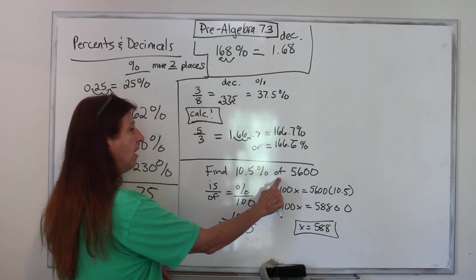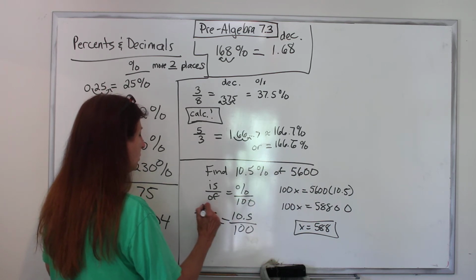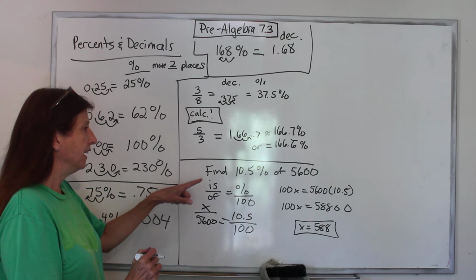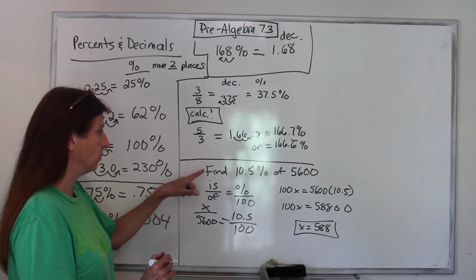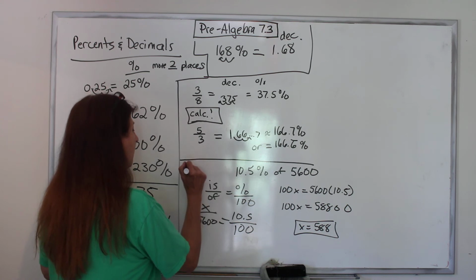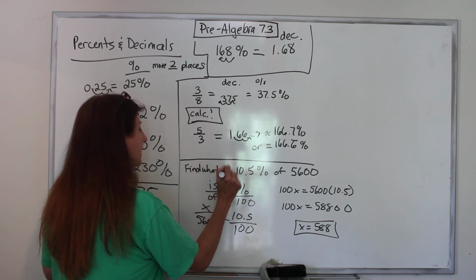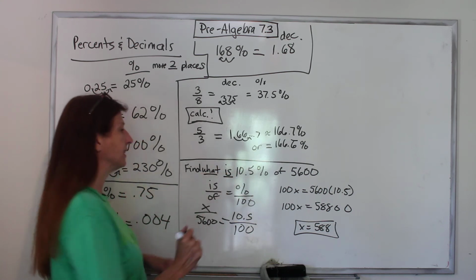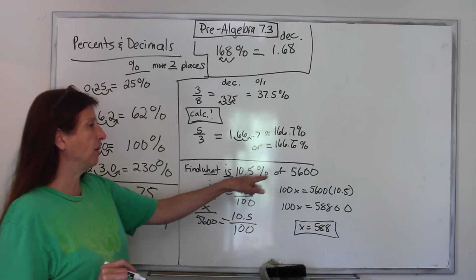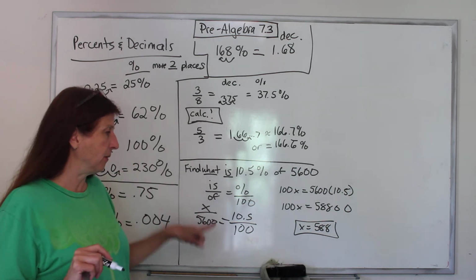And then notice of is next to 5,600. So the thing we're looking for, the is, is what's missing. We could sort of reword it and say, find what is, that was implied, 10.5% of 5,600. So sometimes it's tricky.